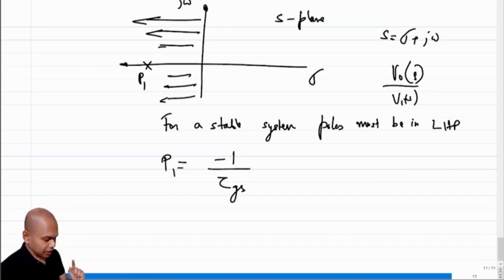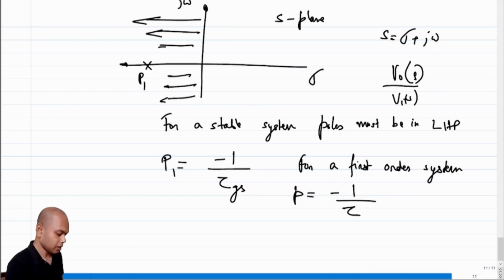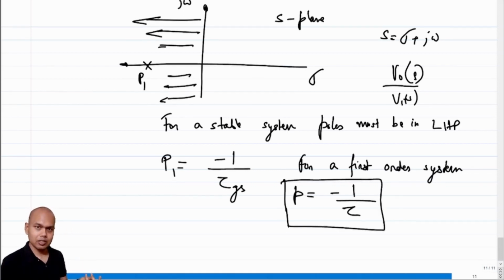Which essentially means that for a first order system, pole is minus 1 over the time constant associated with the system, right? This is a very critical piece of information that we should keep at the back of our mind, because we will be coming back to this multiple times.